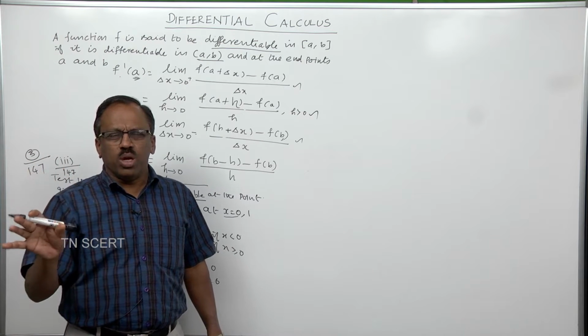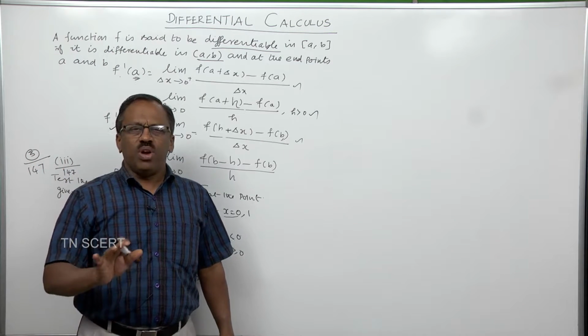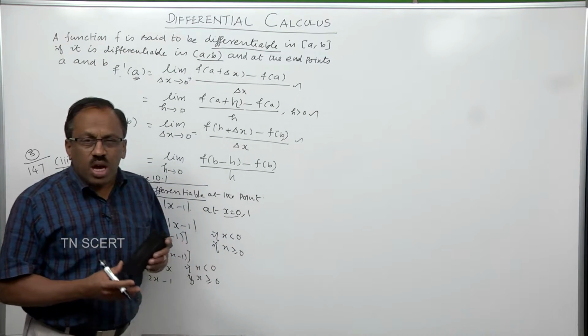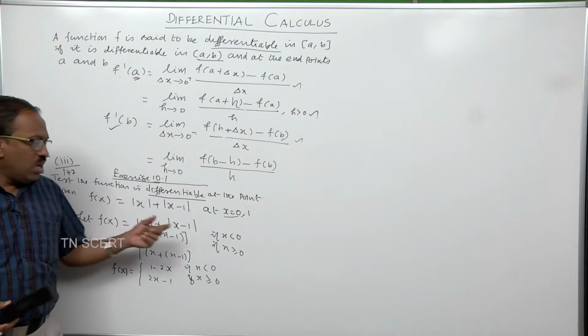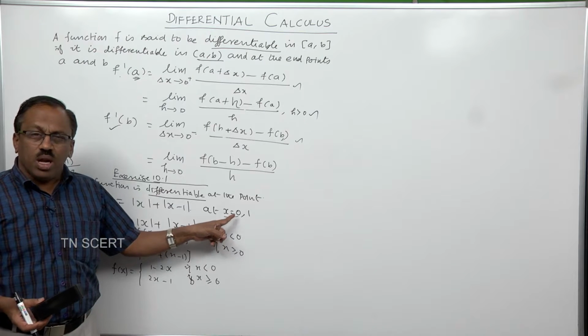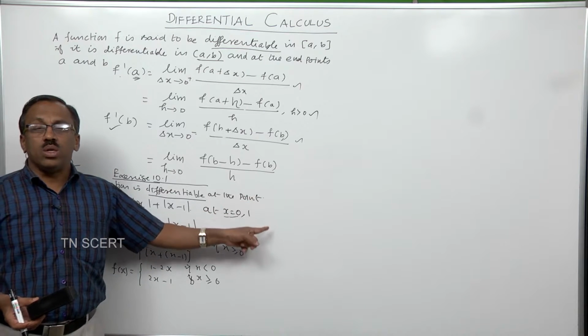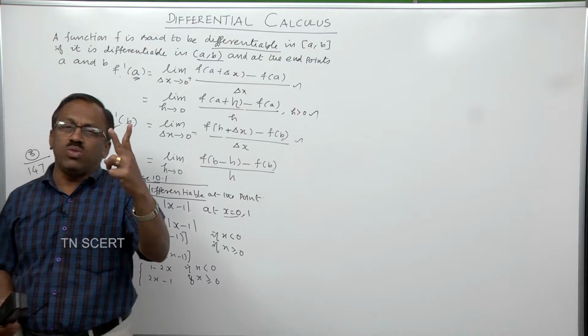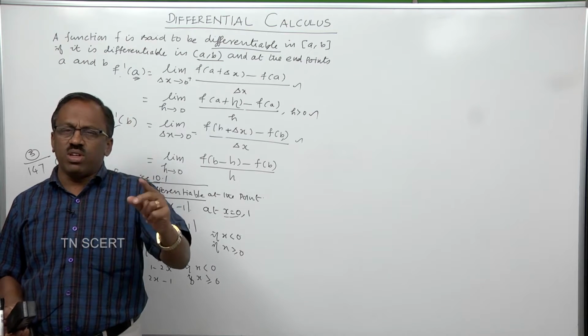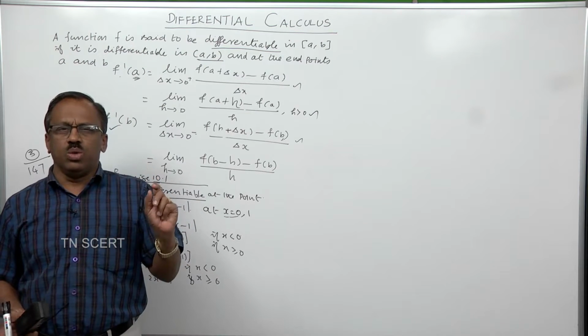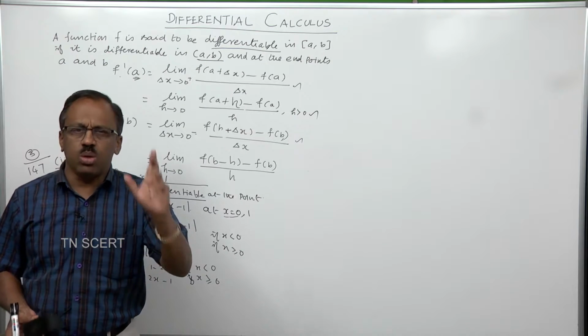If equal, it is differentiable, if not, not differentiable. The problem asks whether the function is differentiable at x equal to 0 and x equal to 1, so two things we have to find.